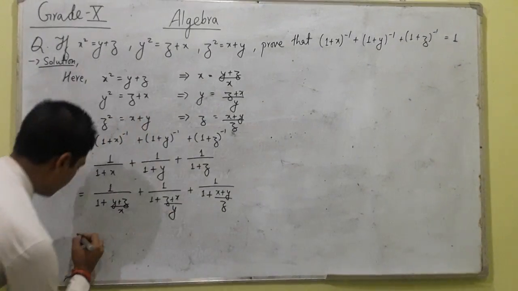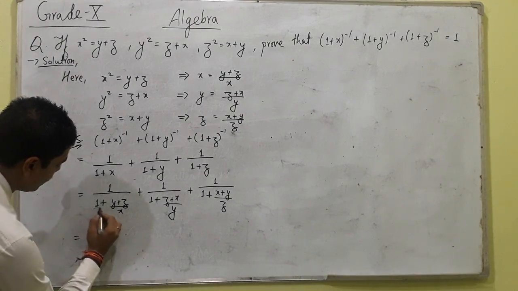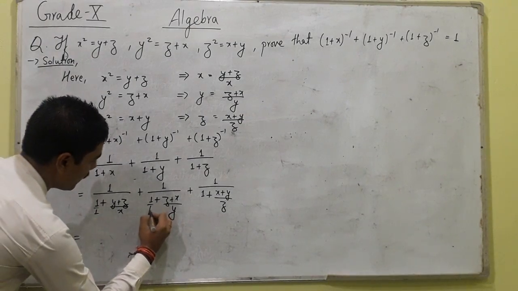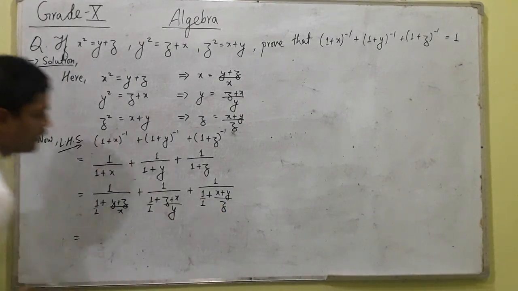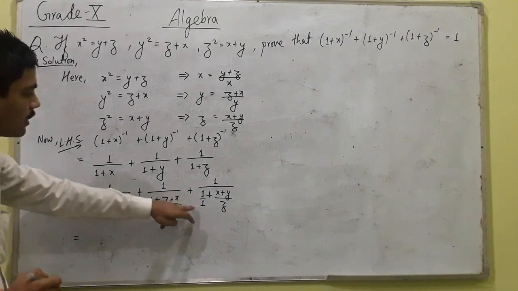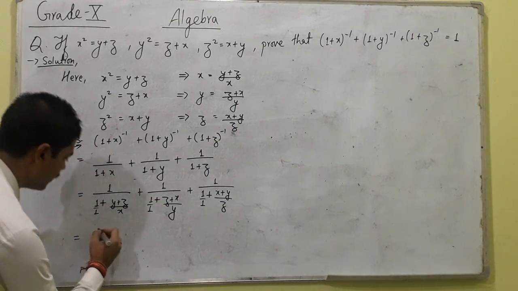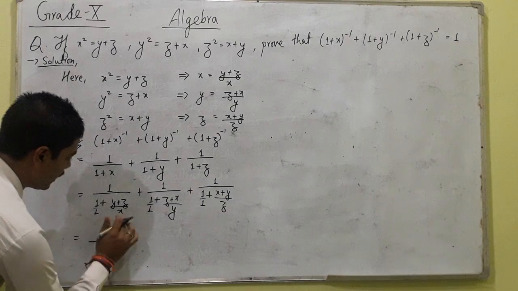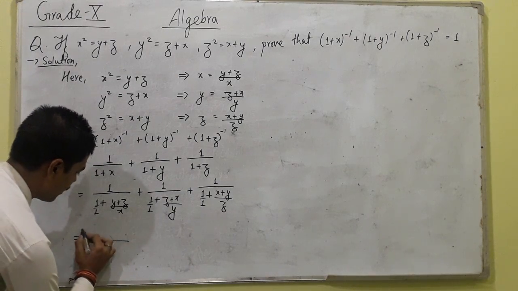The solution is much easier. There is 1 upon 1, upon 1, upon 1. It means there should be 1 in the denominator. Now if you take the LCM between 1 and x, you get x.